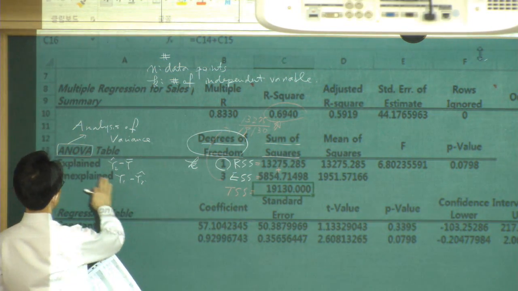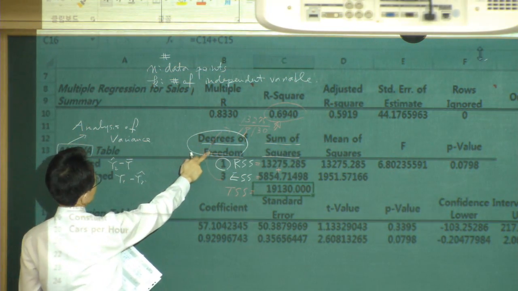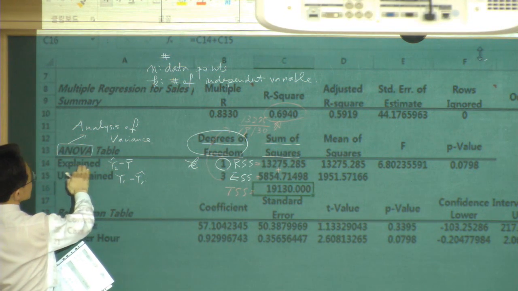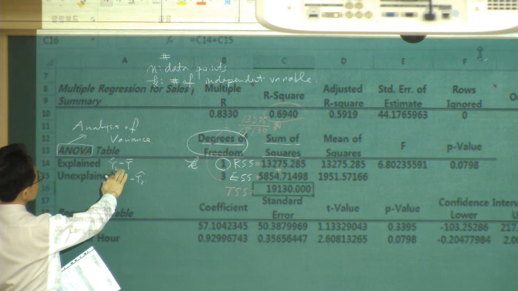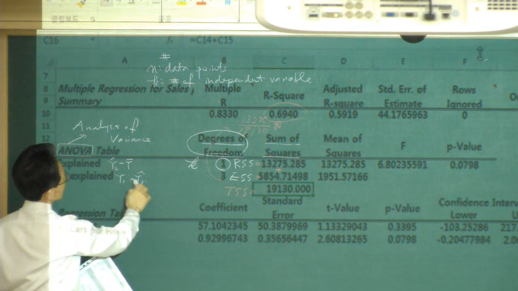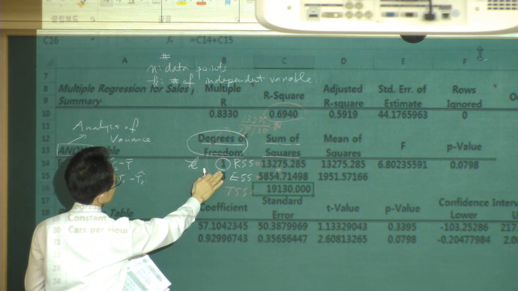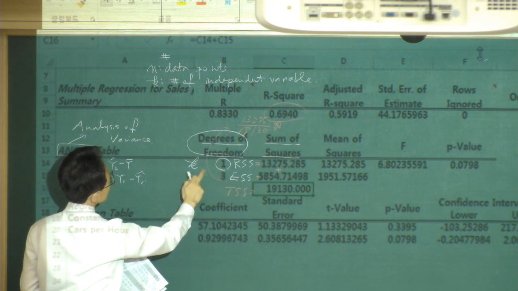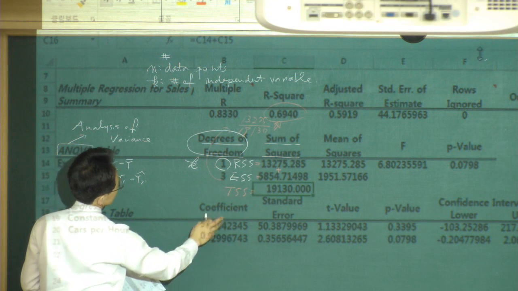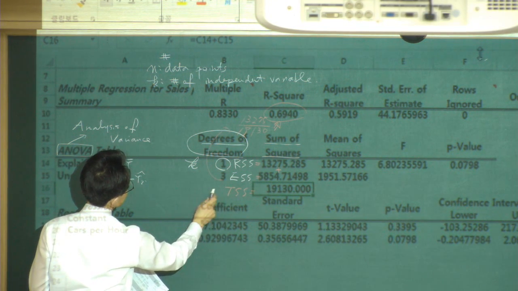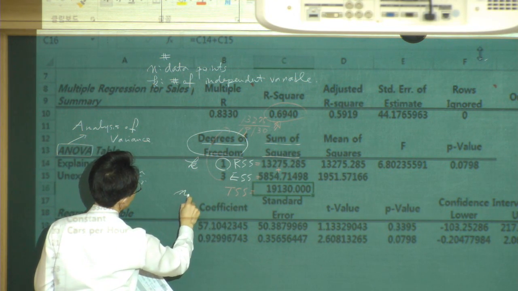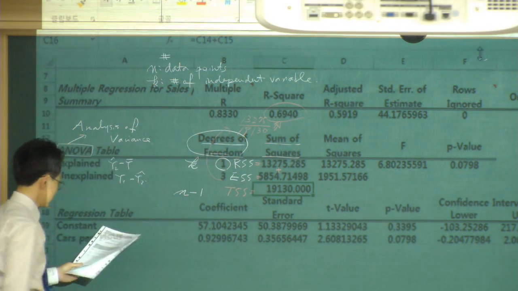The degree of freedom for explained variance is k, because in this case we have only one independent variable. For the total sum of squares, the degree of freedom will be n minus 1.